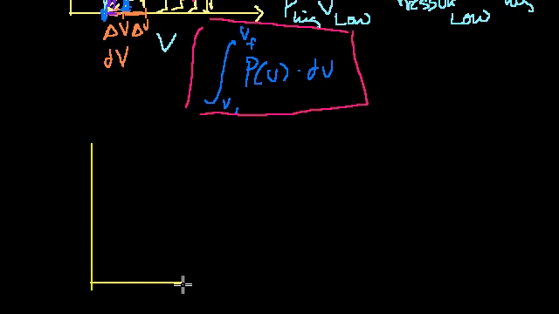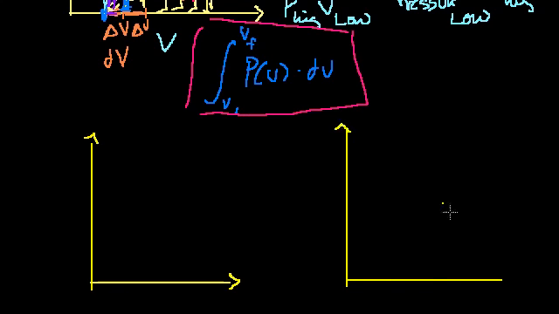So it's pressure, volume. I'm actually going to do two. Let me just do pressure, volume. I'm going to do two graphs here. All right. So in the first one is pressure, volume. We started here at 1, and we went here to 2.